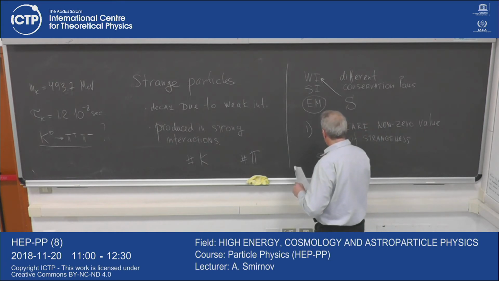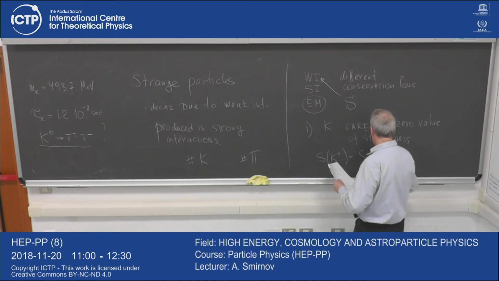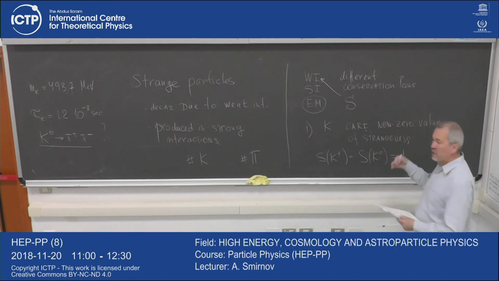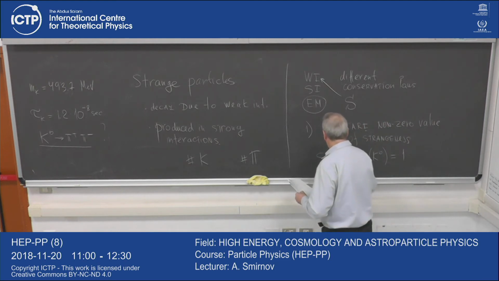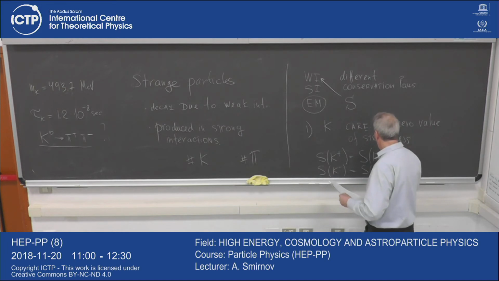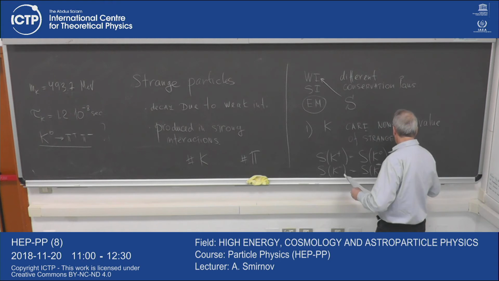So the strangeness of K plus equals the strangeness of K0 and equals 1. And the strangeness of antiparticles is minus 1. So the strangeness of K minus equals the strangeness of K0 bar equals minus 1.